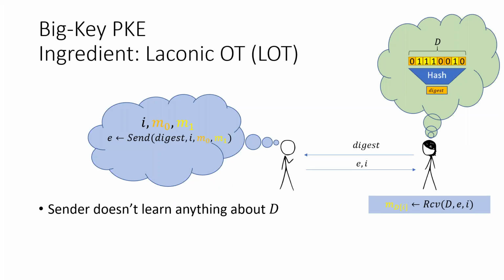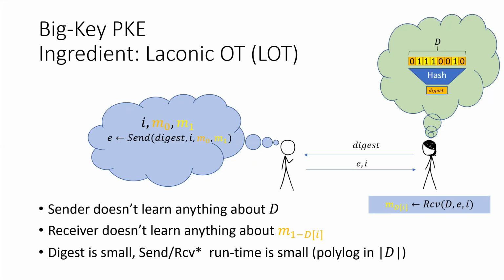The main properties are, first of all, the sender shouldn't learn anything about the database from the digest. It should be some sort of randomized hash, maybe more like a commitment. And also the receiver shouldn't learn anything about the bit that she's not qualified to decrypt, the one that's the opposite of what her data is.